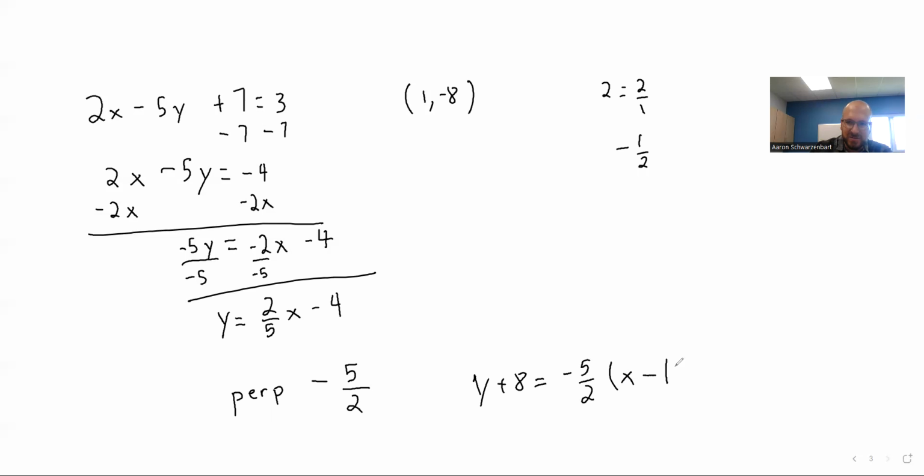I almost wrote a plus. Now, I've left all of these in point slope form. I didn't give directions on the worksheet that you had to switch it to slope intercept form, so point slope form is fine. Okay? And I've talked briefly about switching to standard form.